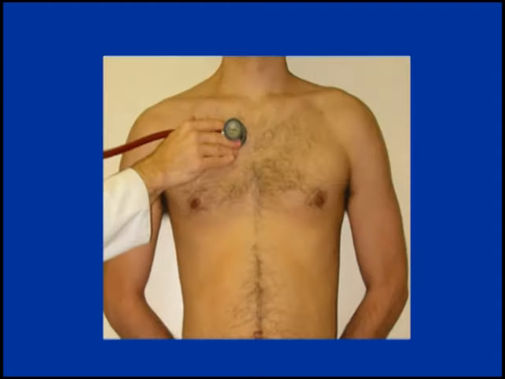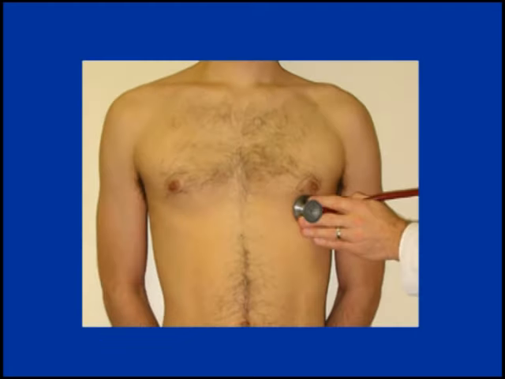Aortic regurgitation. Recorded at the 2nd right intercostal space. Aortic stenosis. Recorded at the apex. Fourth heart sound.